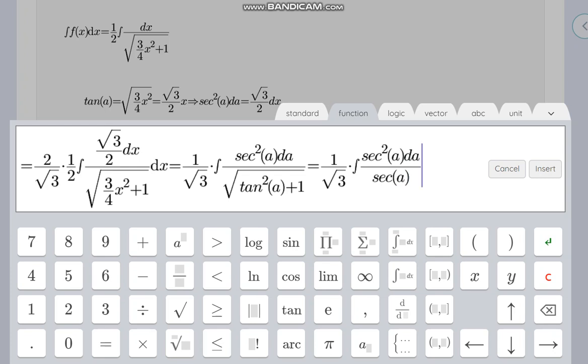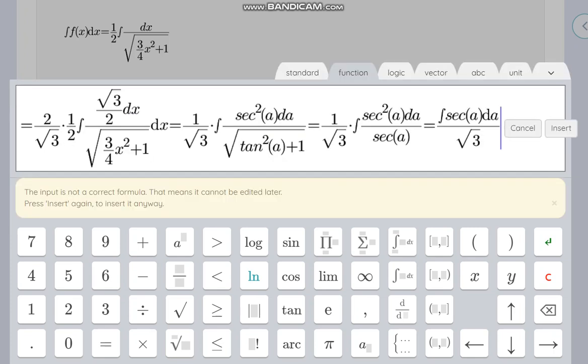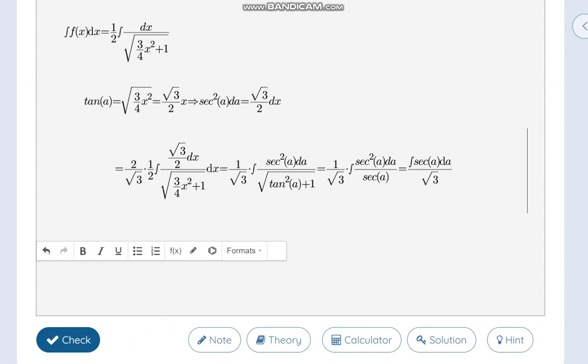Well, look at that. That becomes, I'm just going to write it like this, the integral of secant of a dA, and there's a root of 3 here.